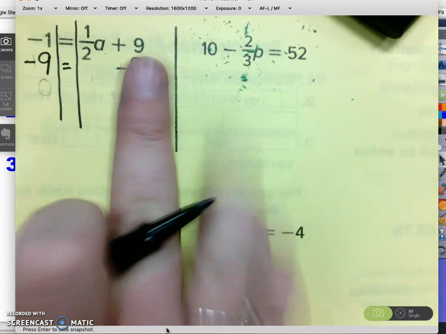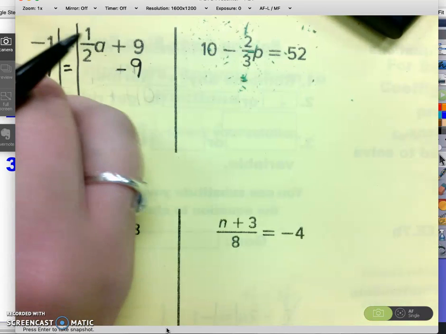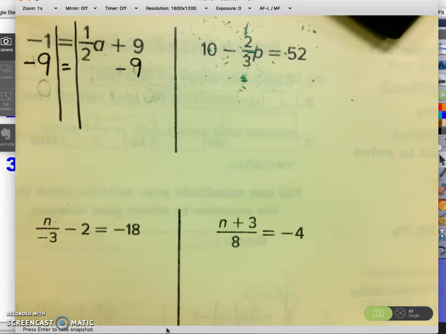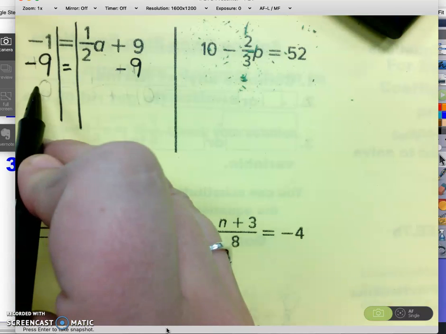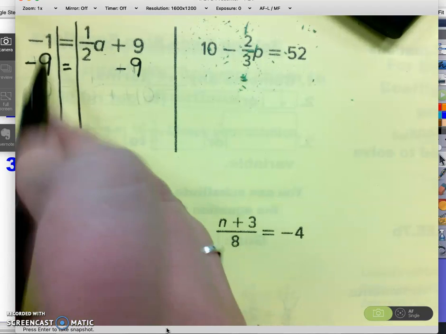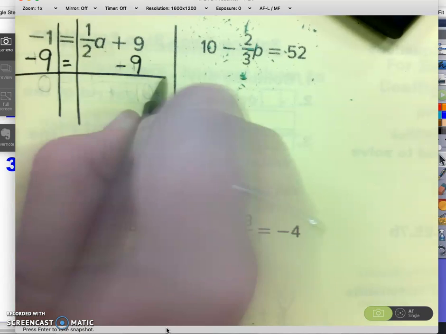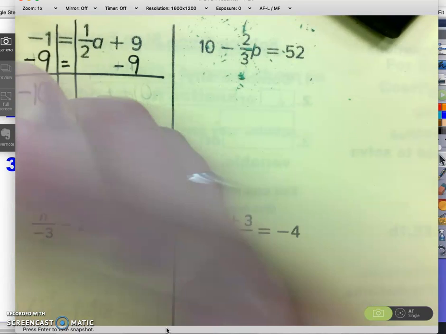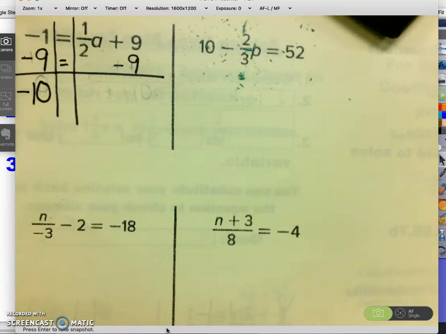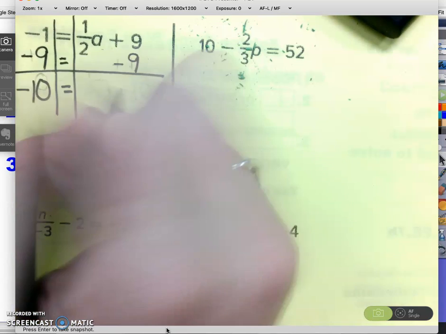If it's 10 on one side of your equal sign and you move it to the other side, it's the opposite sign, so it's going to be -10. It's a quick check: what is -1 minus 9? -10, right? I shouldn't even talk about that because it gets kind of confusing. So we're going to subtract 9, subtract 9.